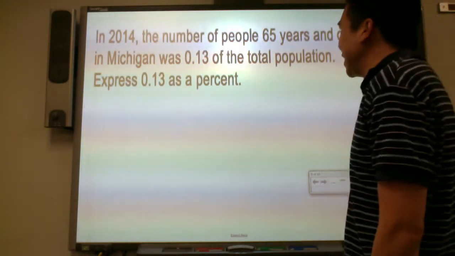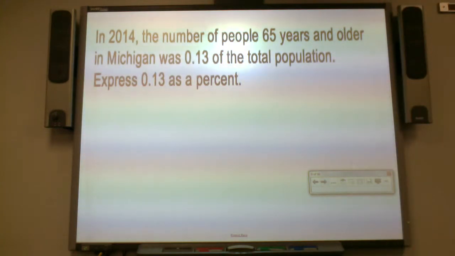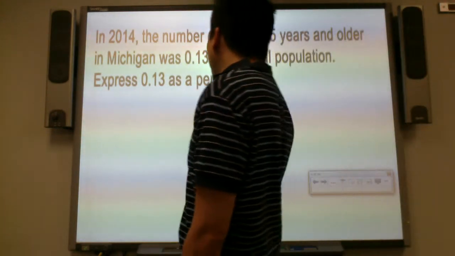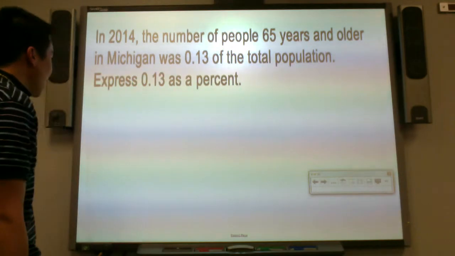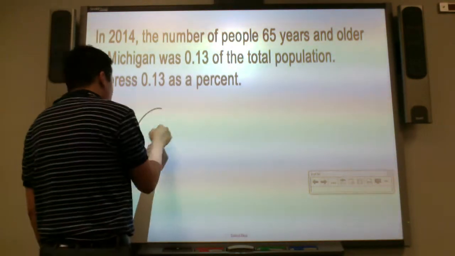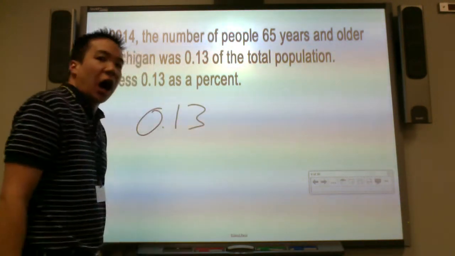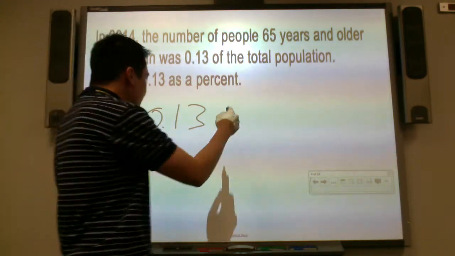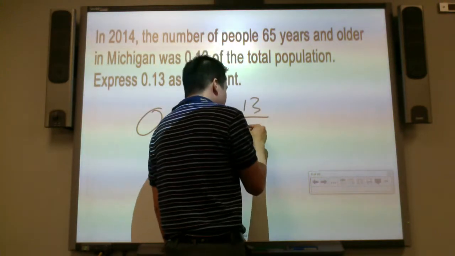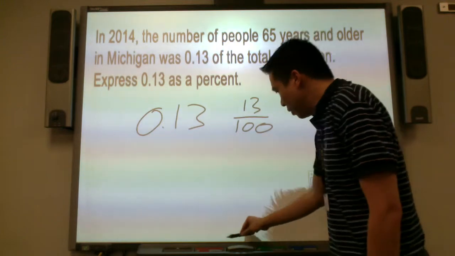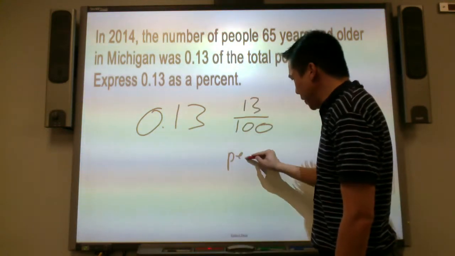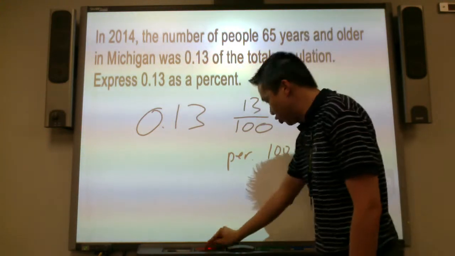In 2014, the number of people 65 years and older in Michigan was 0.13 of the total population. Express this as a percent. So we have 13 hundredths. What is percent again? Percent means per 100.